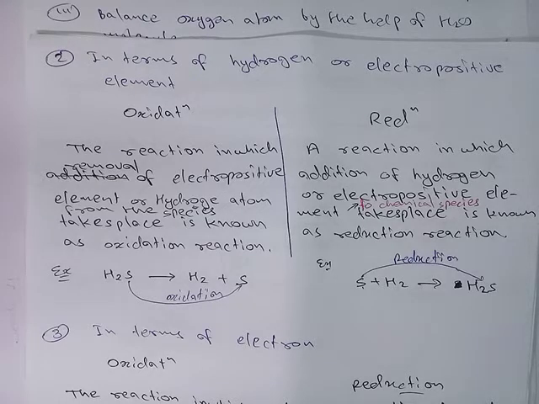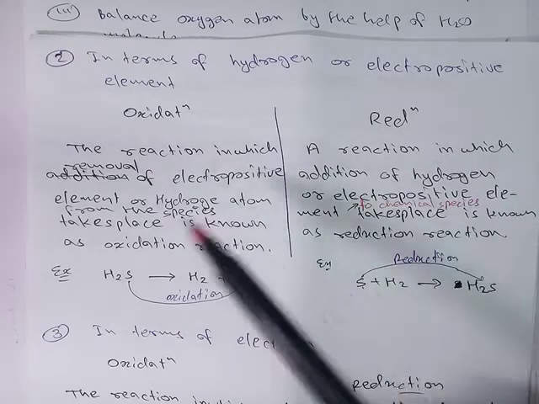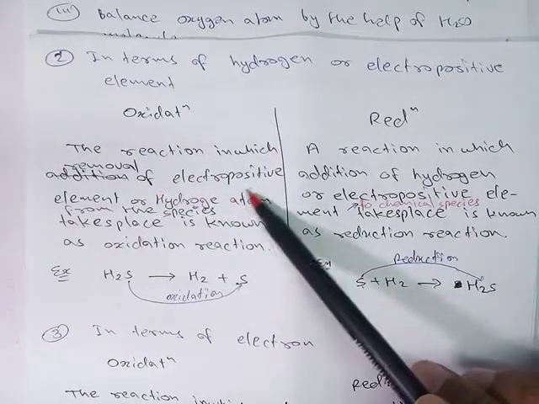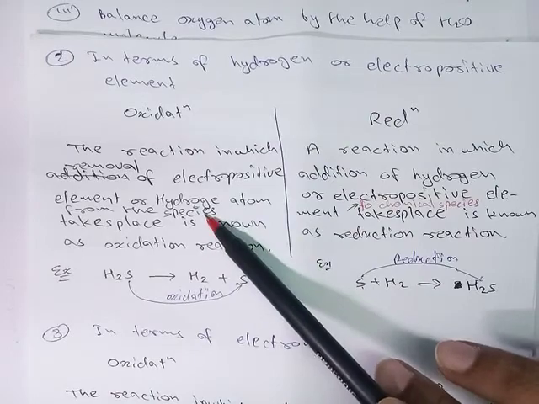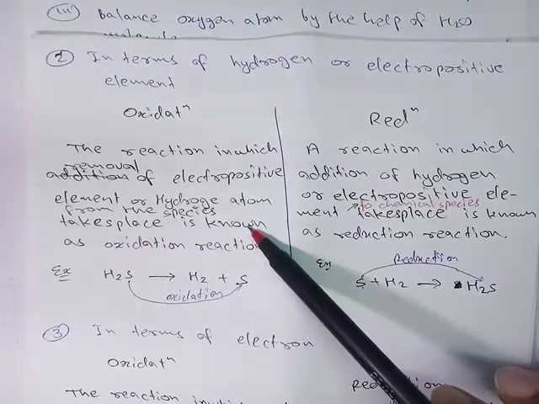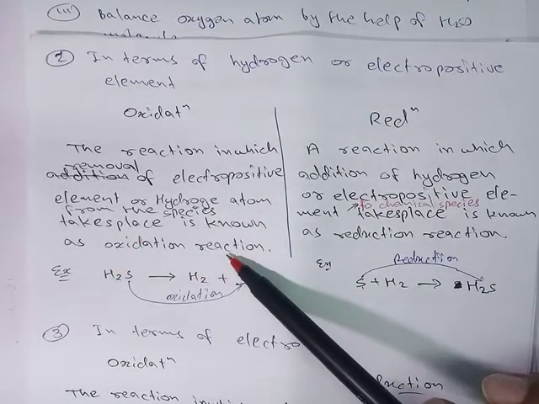So the definition of oxidation reaction: the reaction in which removal of an electropositive element, or we can say a hydrogen atom, from the chemical species takes place is known as an oxidation reaction.